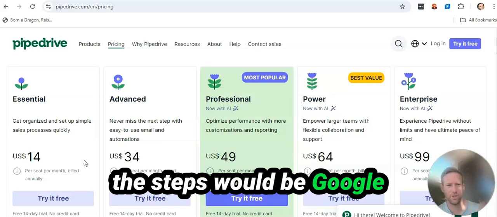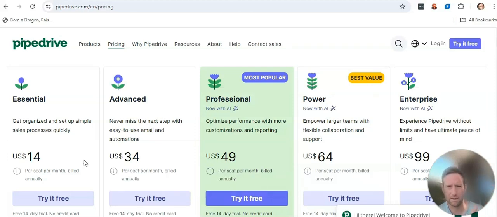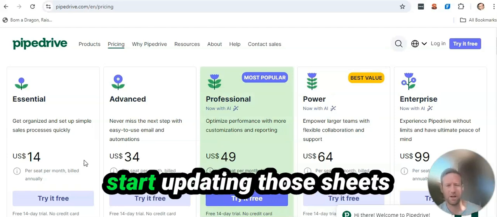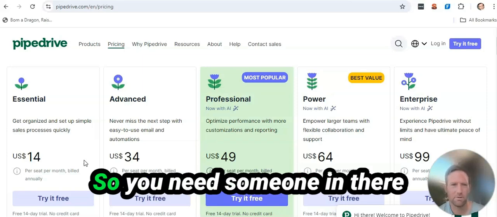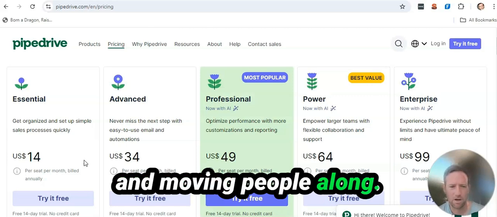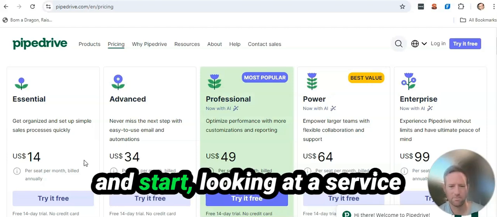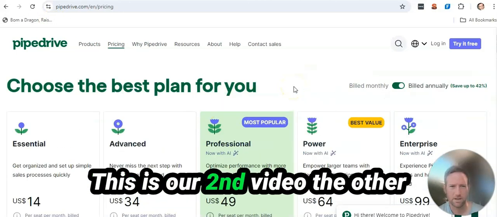The steps would be Google Sheets, then maybe Google Sheets with a VA, like help from a virtual assistant, someone who can go in and start updating those sheets regularly. Because the problem with the sheets is that it's very manual. So you need someone in there constantly updating things and moving people along. That's why it's good to then quickly move out of that range and start looking at a service like Pipedrive or High Level.